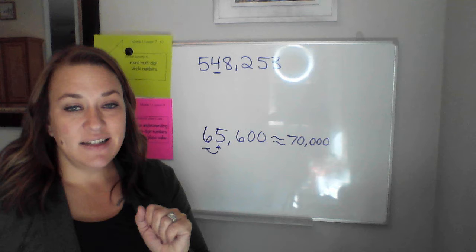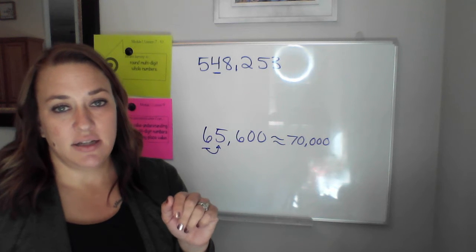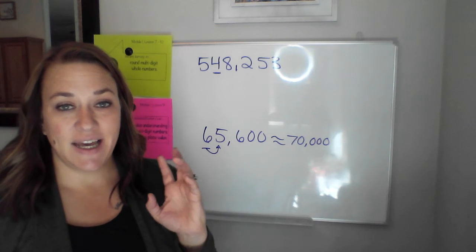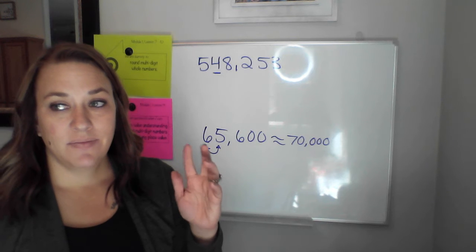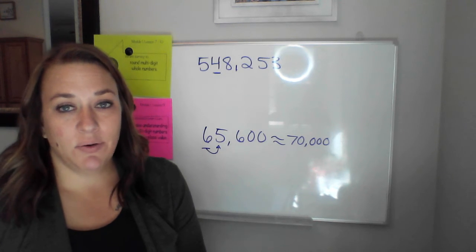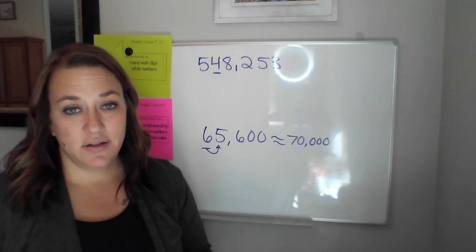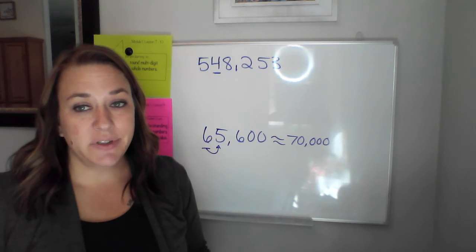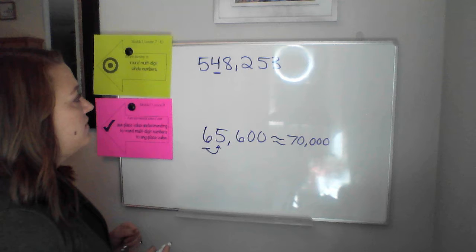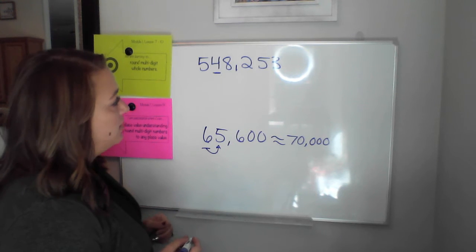If you just guess, you have a 50-50 chance, but why not take that extra time to double check your work, look to the right, follow the rounding rules, and make sure you get that solid answer.